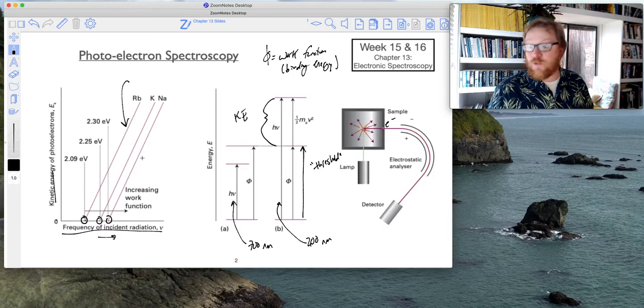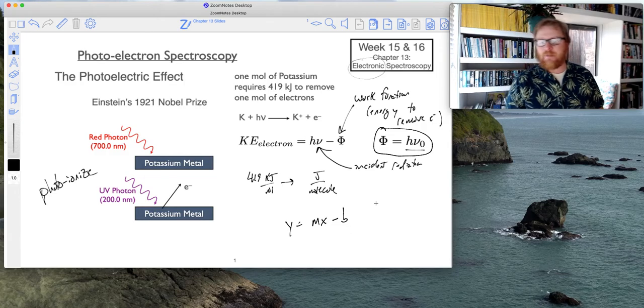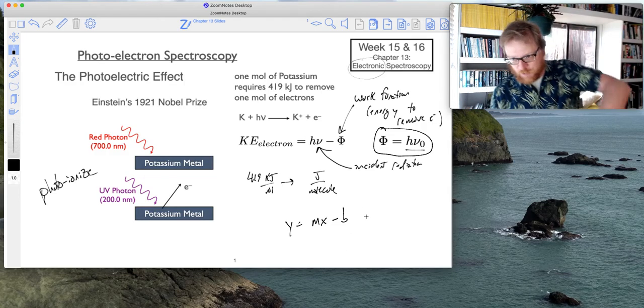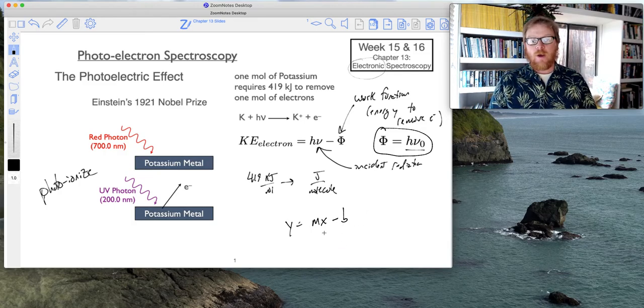And if you recall from the beginning of the semester, the slope of this line will, of course, be Planck's constant, because we have this very simple equation. It's y equals mx plus b, or I'll say y equals mx minus b, because on that scale, the work function will go down. It'll cross the y-axis at negative values. So you can see right there, the slope is Planck's constant.